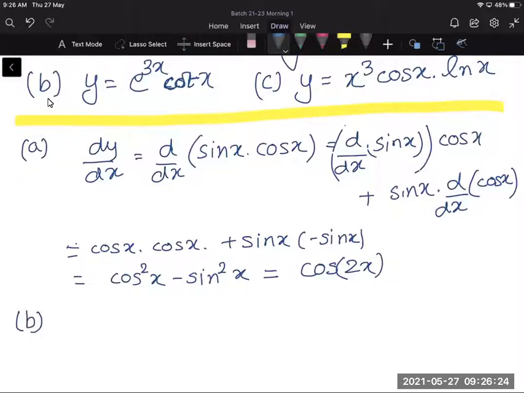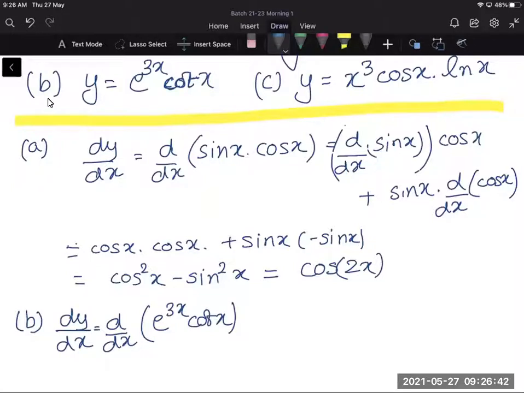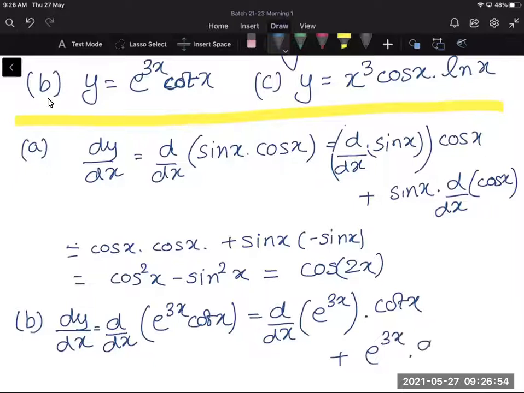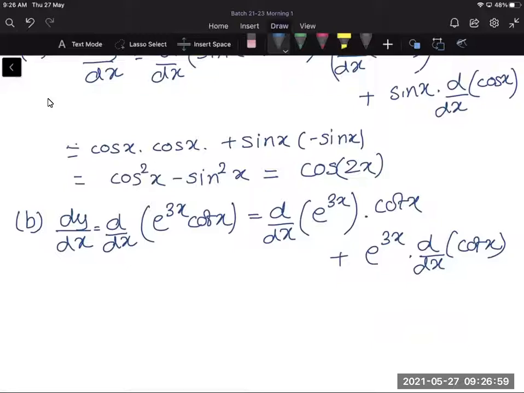dy is equal to... I don't need to write y because y is already written. So dy by dx is equal to d by dx of e raised to the power 3x into cot x, which is equal to d by dx of e raised to the power 3x times cot x plus e raised to the power 3x into d by dx of cot x. Now d by dx of e raised to the power 3x is 3e raised to the power 3x, right?